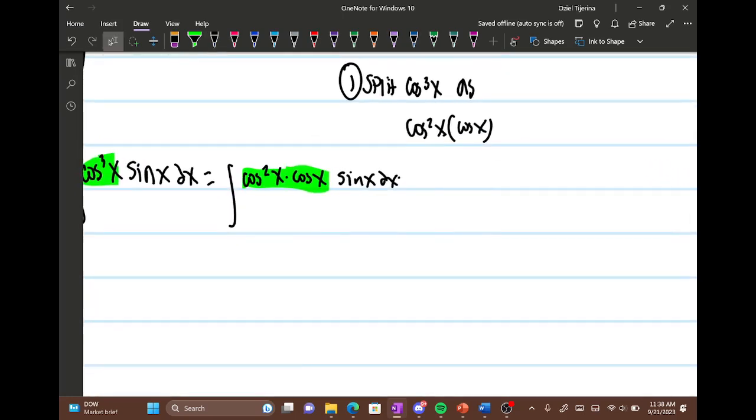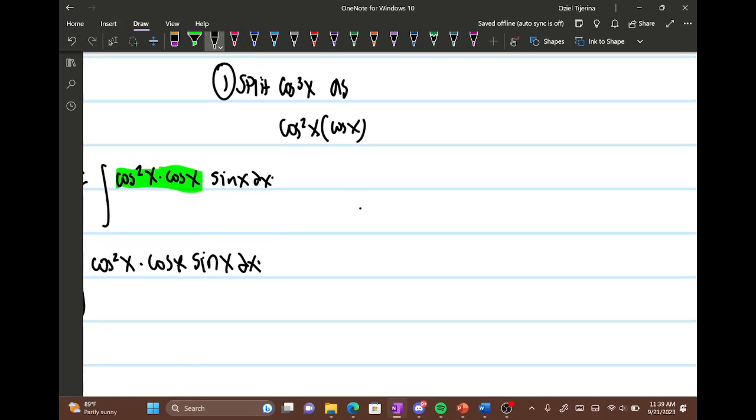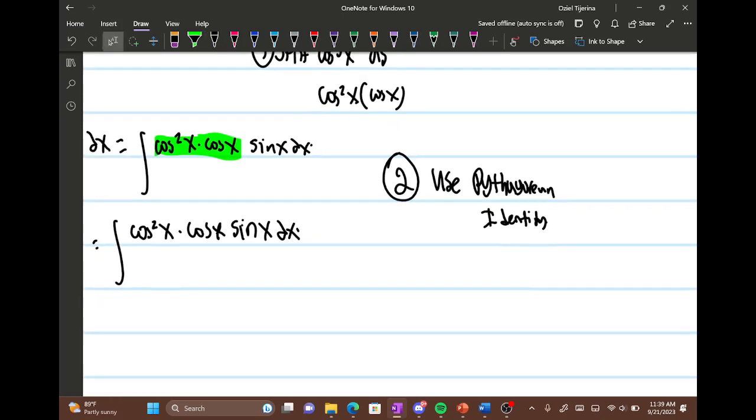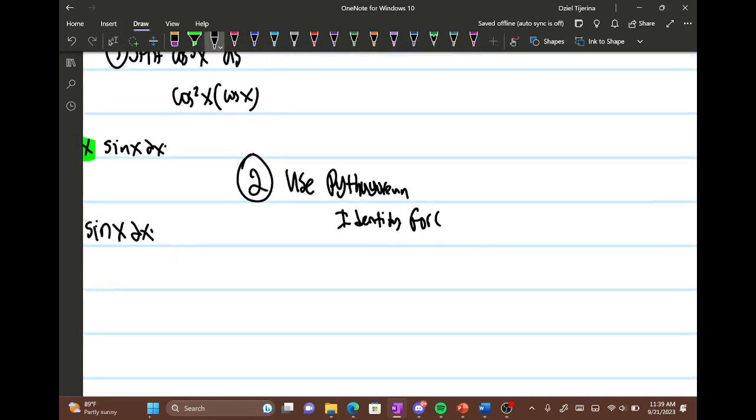Then, number 2, we want to use the Pythagorean identity for cosine squared x.